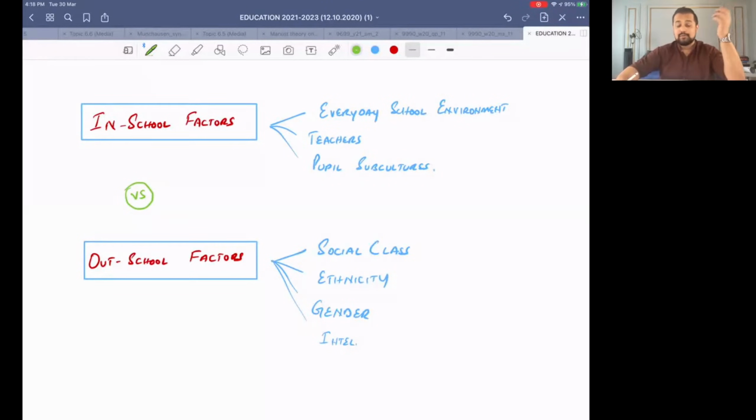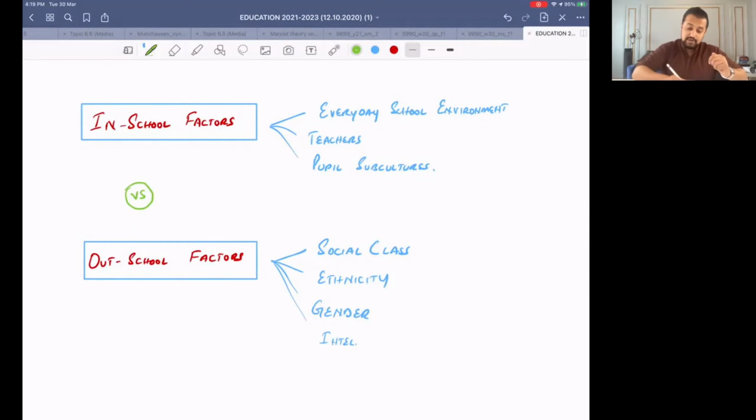If you belong to a rich family or a poor family, the school isn't considered responsible for that, nor for your ethnicity, your gender, or your level of intelligence. In school factors have to do with your everyday school environment, your routine, your management, your teachers, and your fellow pupils that together make a pupil subculture.